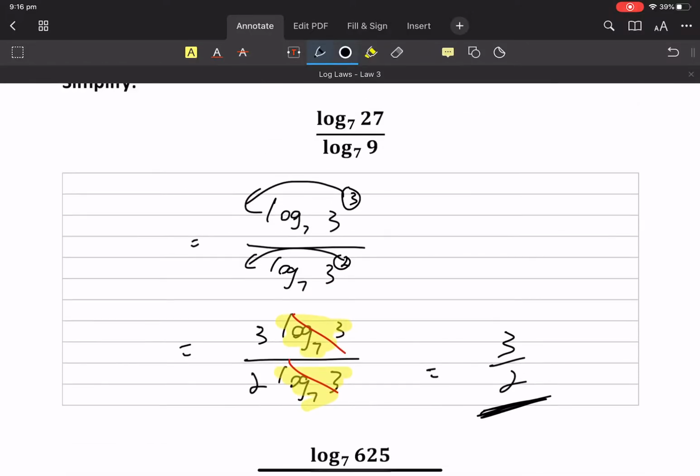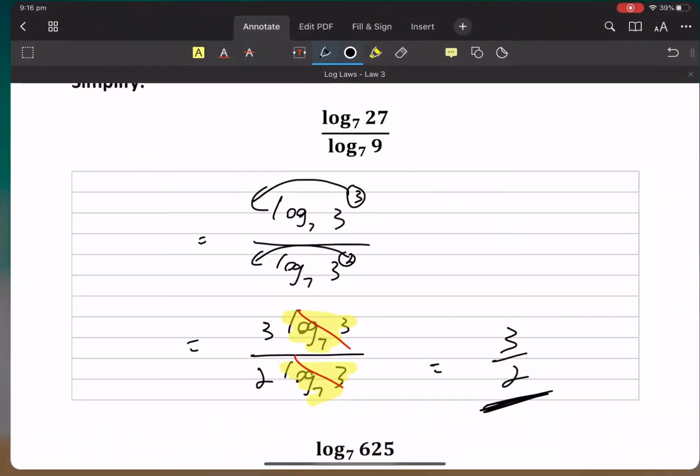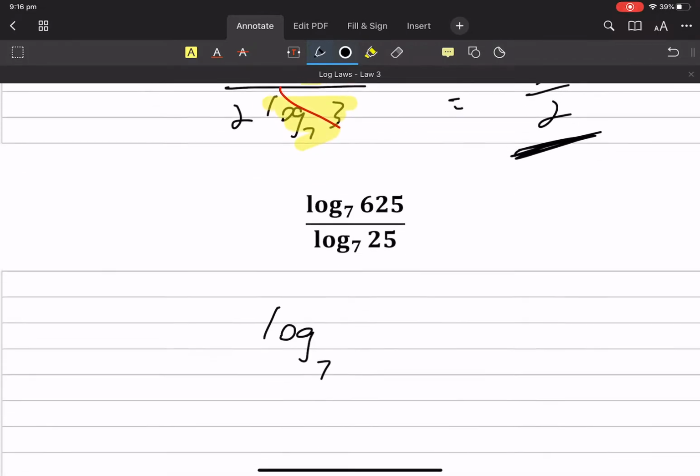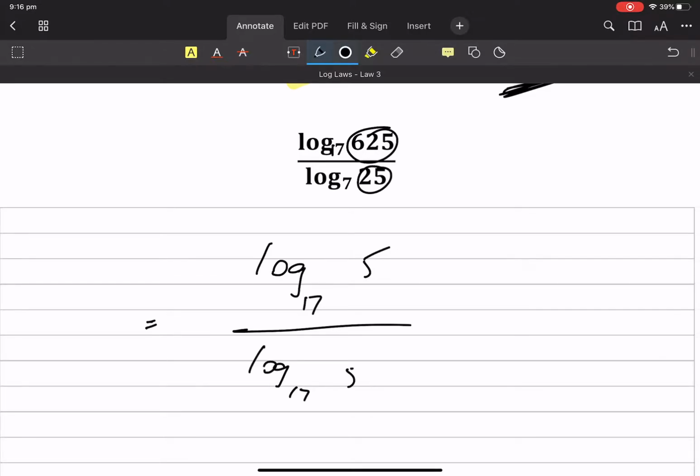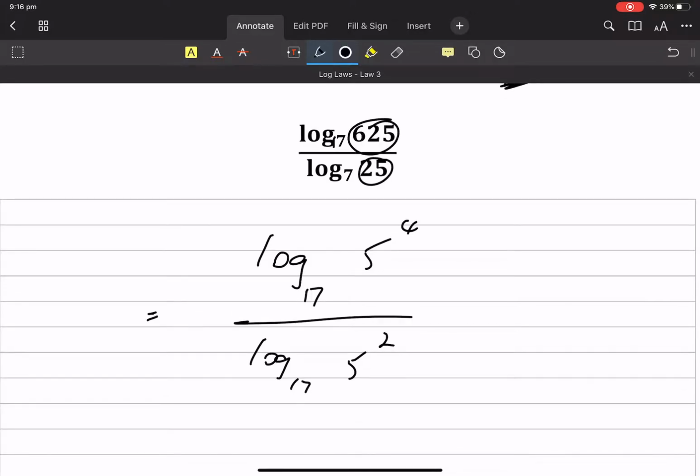You can see we're going to do it again. Wow, is that 7 again? That base doesn't always need to be 7, it can be anything. Let's make it 17. Can you see there's going to be 5? 5 squared is 25, and 5 to the 4, I think.